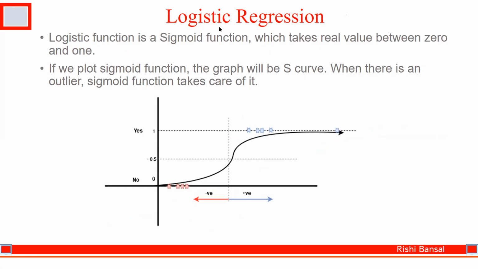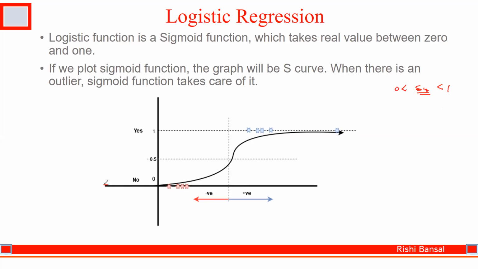So logistic regression, or the logistic function, is a sigmoid function. Some of the properties of the sigmoid function are that its value is always between 0 and 1. The graph is in an S shape.